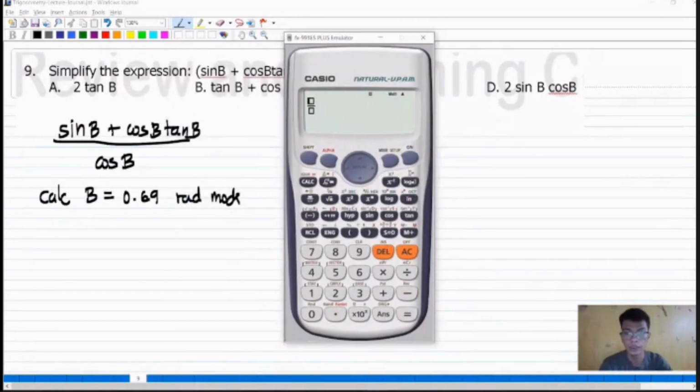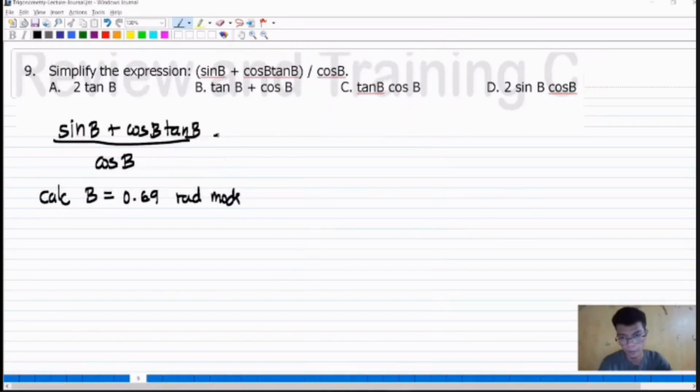So, gawin lang ulit natin sin x plus cosine x tangent x all over cosine x. So, calc 0.69, and meron siyang value na 1.6507.